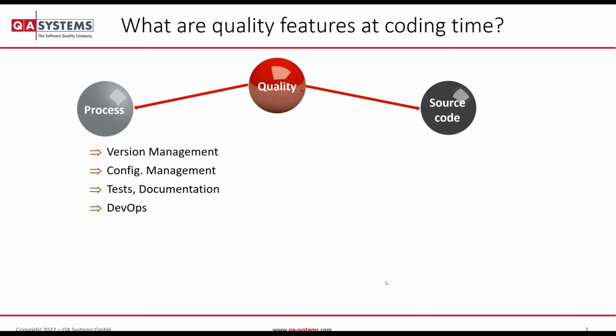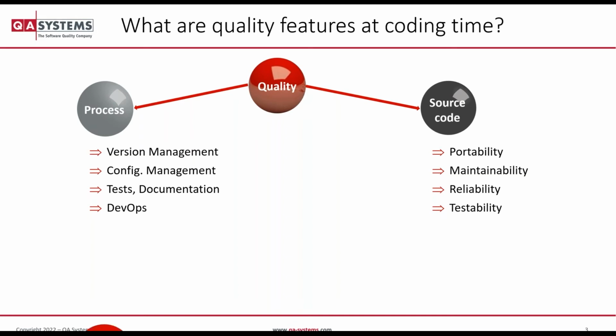Nowadays, you do a lot with DevOps, and those are all things that will define the quality of your process, but none of them will define the quality of your source code. Therefore, for source code, you need to think about portability of your code, maintainability, reliability, which is of course a very important thing, and of course also testability, whether you can really test your code at all or not.